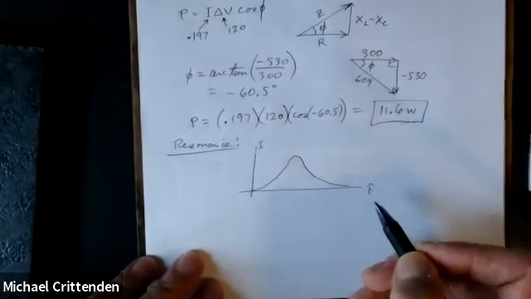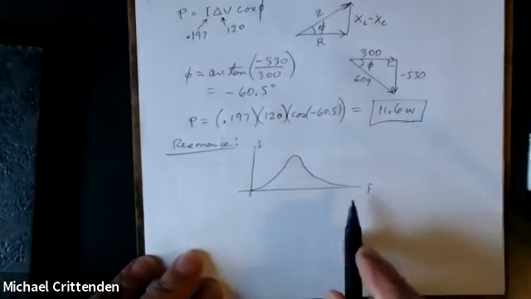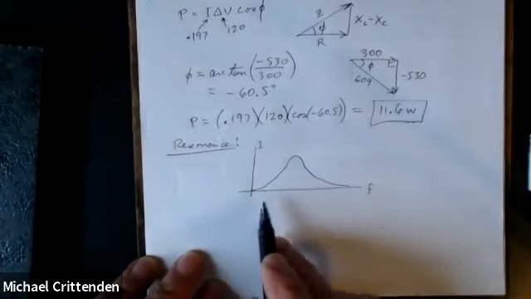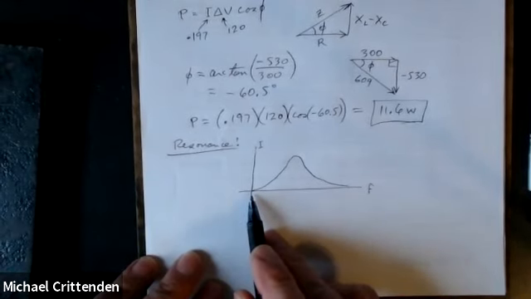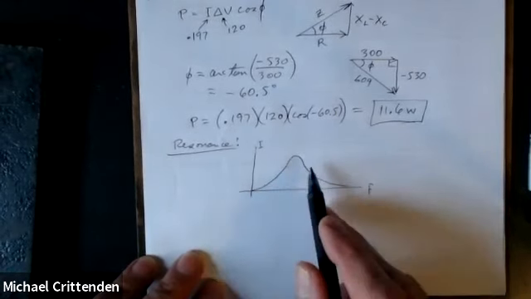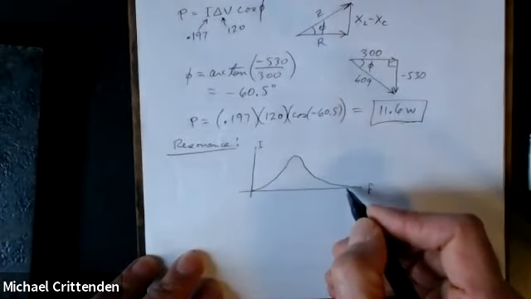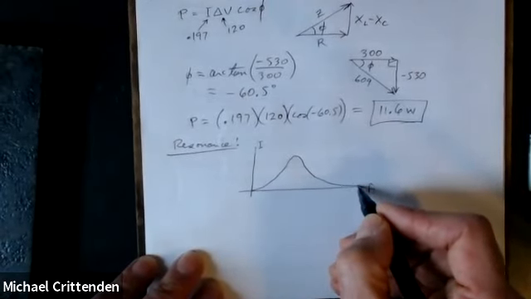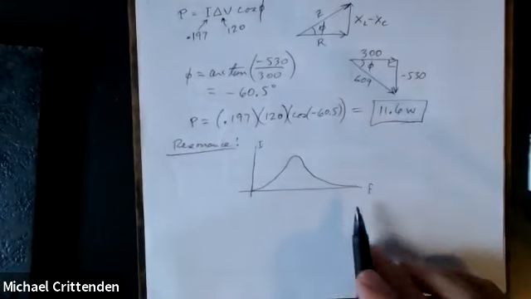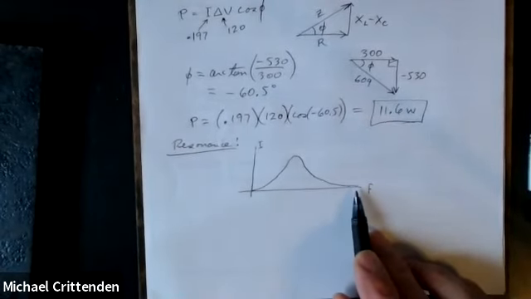A graph that looks kind of like that. This over here is actually an asymptote. The graph starts at 0, comes up to a peak, and then heading off towards infinity for the frequency, you've got an asymptote, but it eventually gets really small.